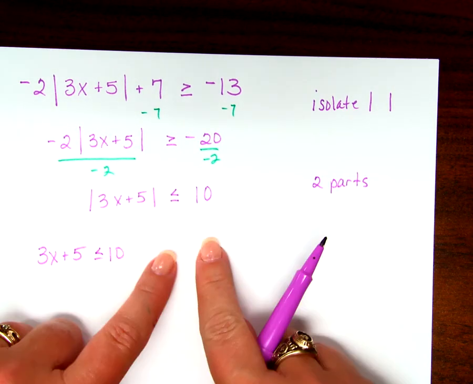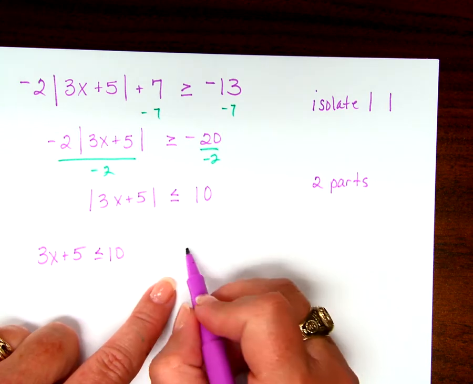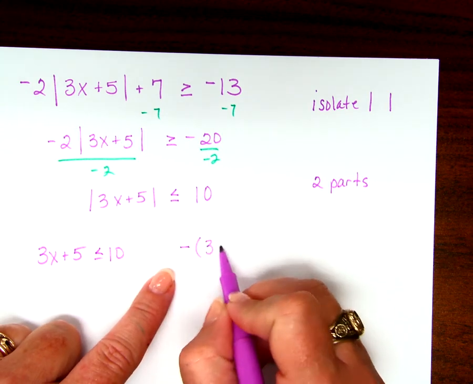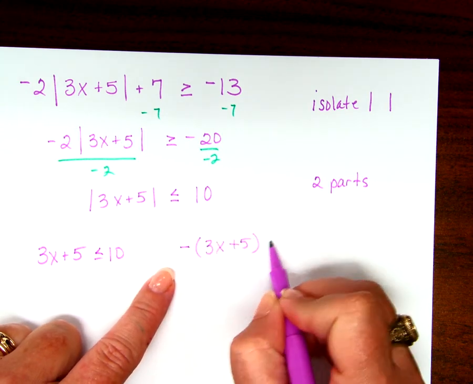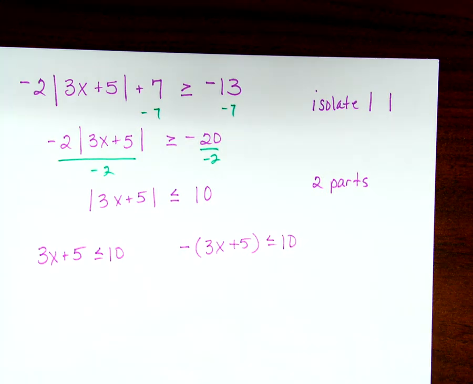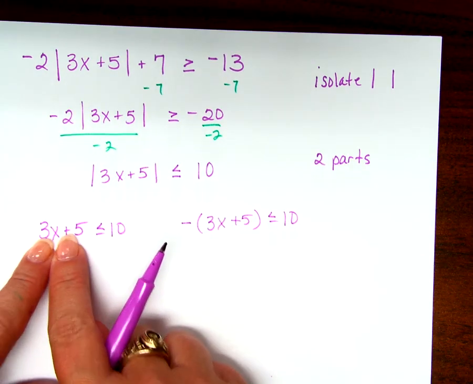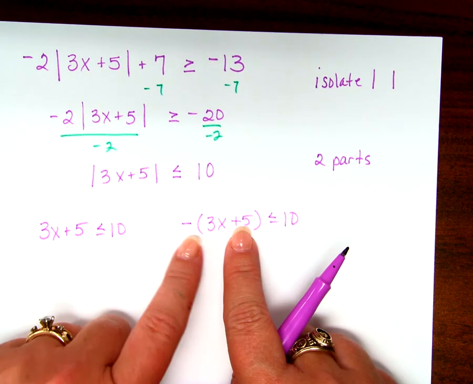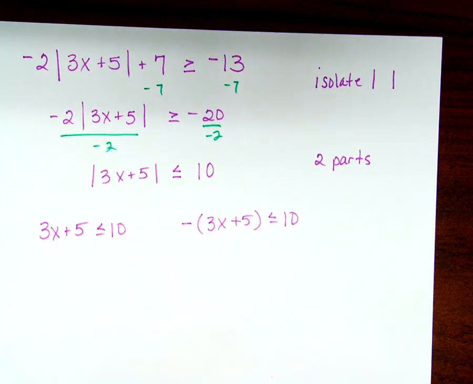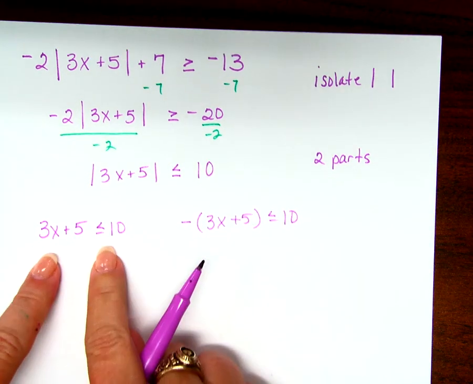And then what's the other one? What's the other part? The negative of whatever was inside. Okay? Whatever was inside, I bring it down exactly as it was, and then multiply it by a negative. Okay? So now solve each part.